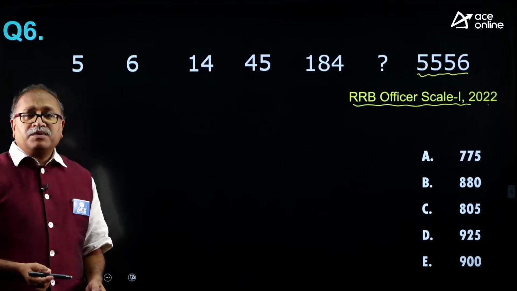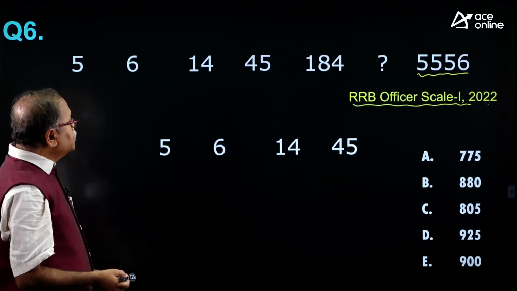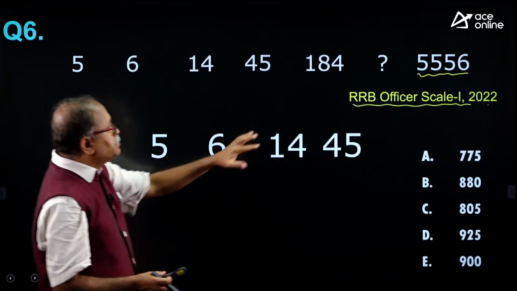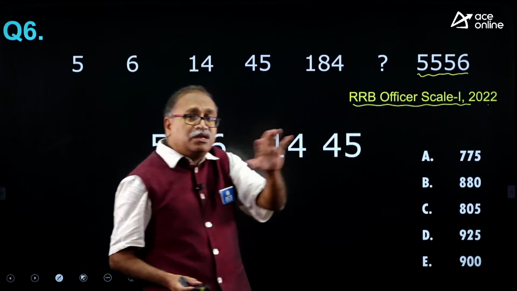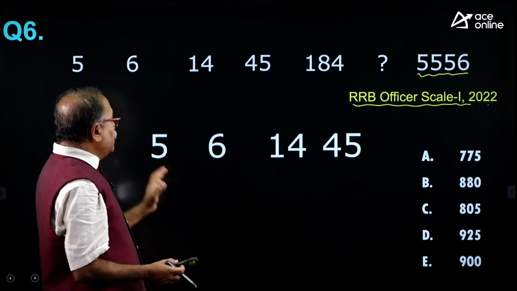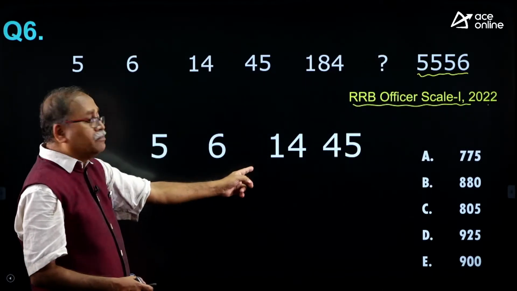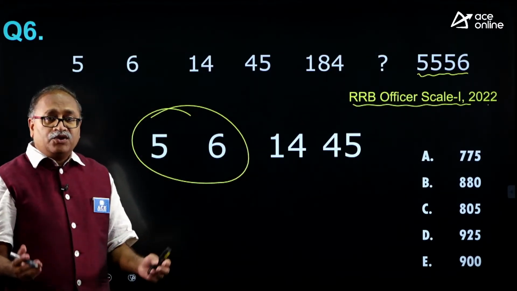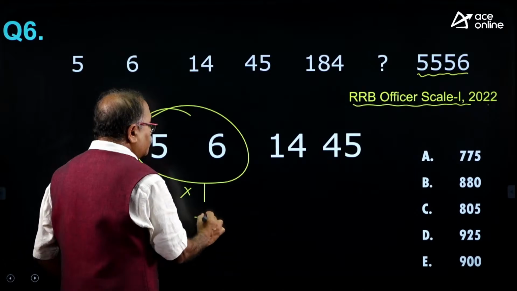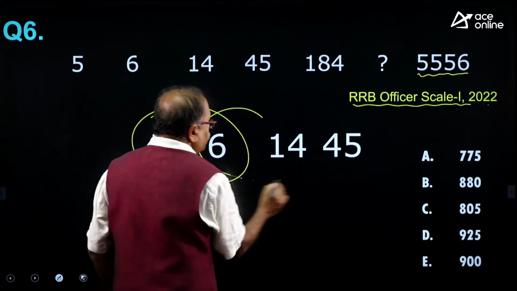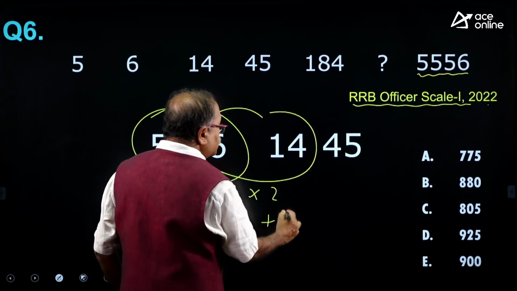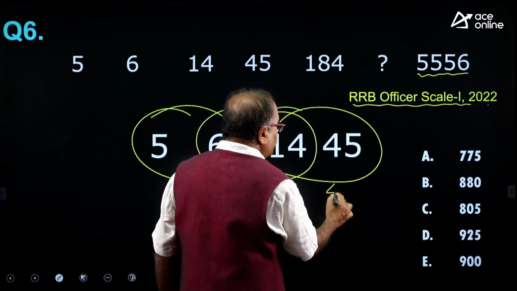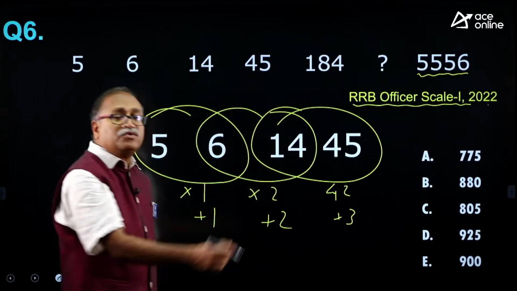So, can it be multiplication? Let us check these numbers. The moment you see the 5 and 6, because I know that such a high number is there, it could be a multiplication. When I notice the first 4 numbers, then I notice these 2 numbers are so easy: into 1 plus 1, into 1 plus 1. When you go to this number, you will find into 2 plus 2, is it not? Now, when you come over here, 14 times 3 is 42, plus 3, that means into 3 plus 3.